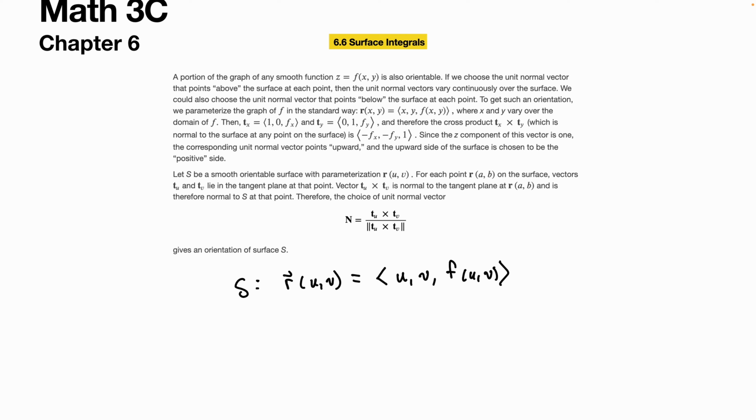Well, hopefully you're saying, well, that's just a graph. X is u, y is v, and z is f of x and y.